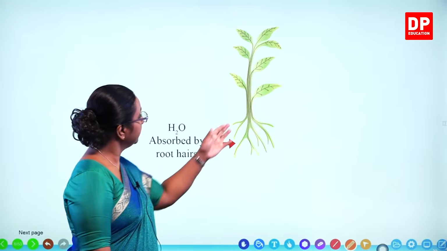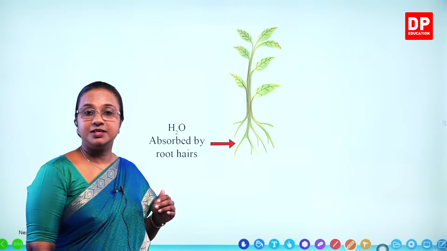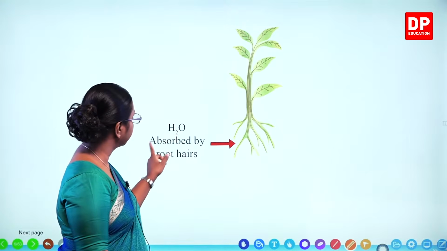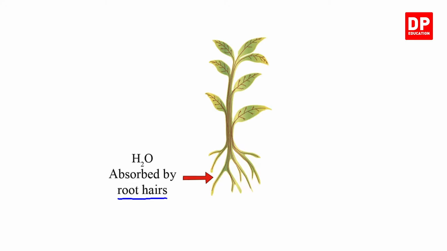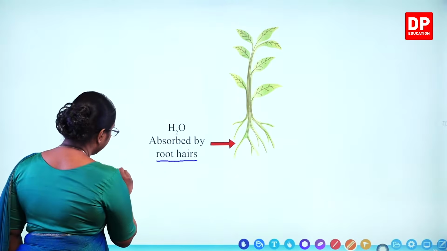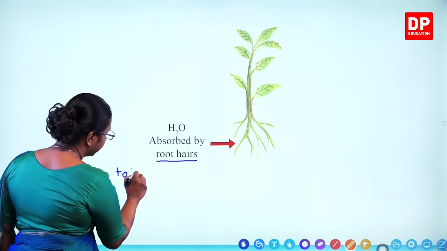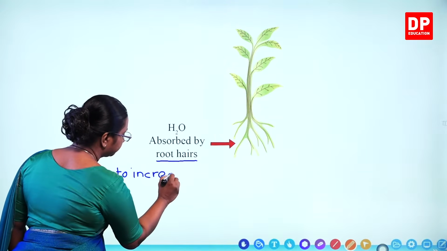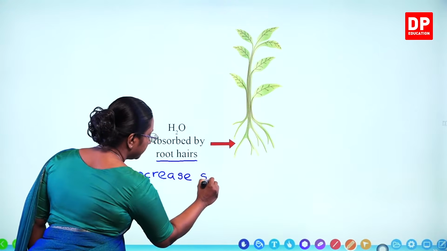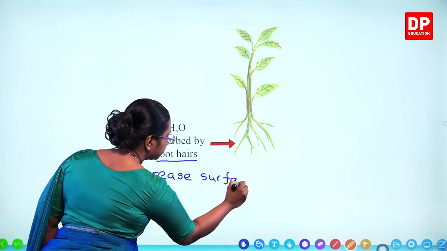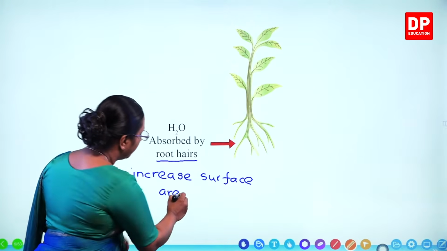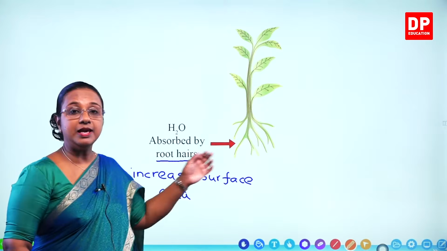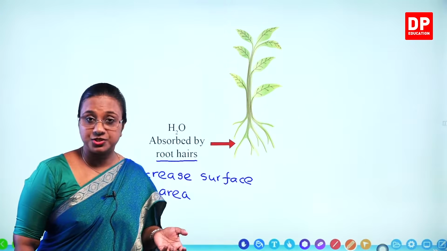Here you can see a structure of a plant is shown here, and water is being absorbed by root hairs. As I said before, this is to increase the surface area so that water can be absorbed very efficiently.